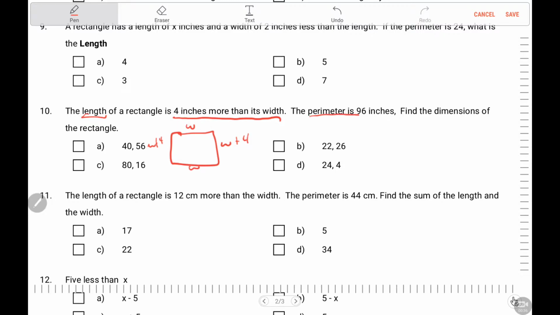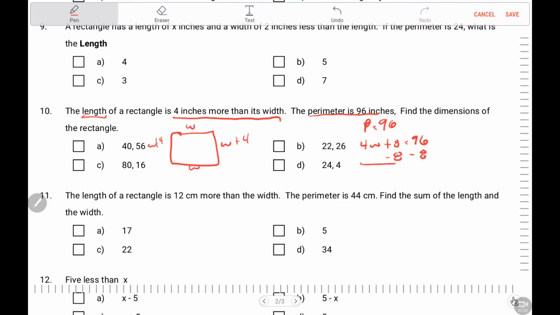So if you need to define the perimeter as 96 inches, I knew the perimeter is adding up everything together, so I get 4W, because W plus W plus W plus W is 4W, plus 4 plus 4 is plus 8, is 96.